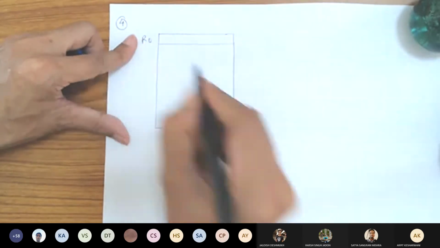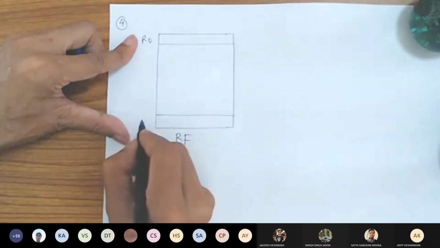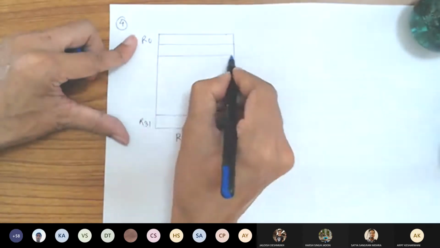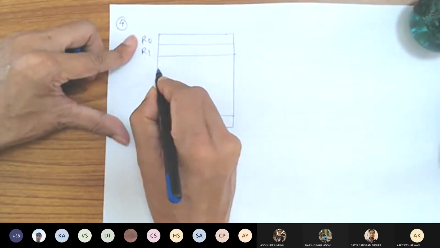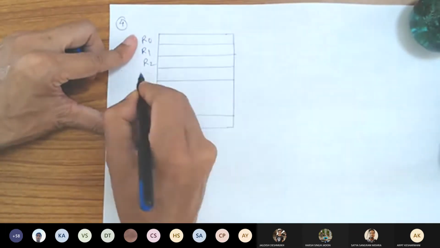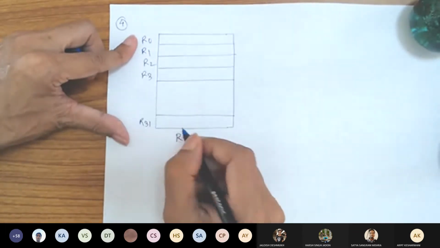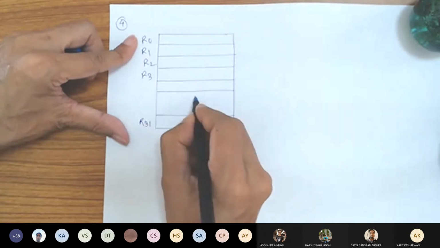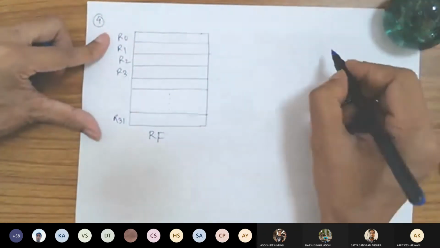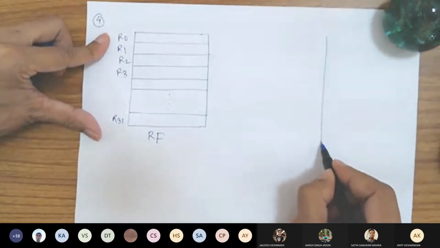This is R0, this is R31. This is memory.